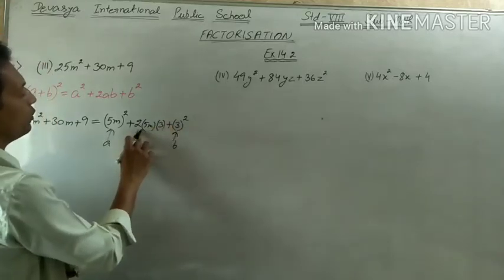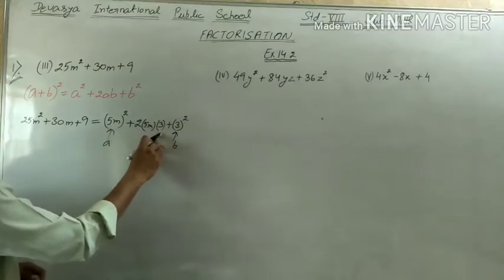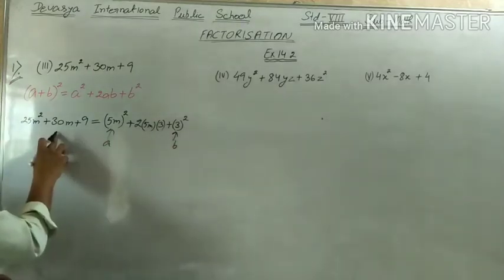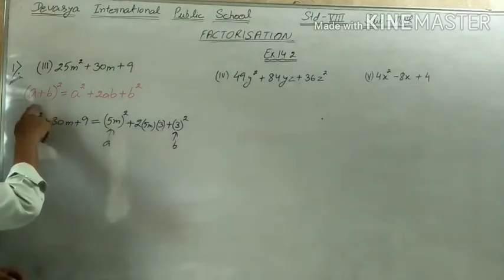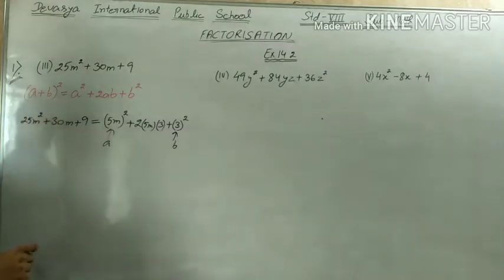Clearly when you multiply 2 into 5 into 3, you get how much? 30m. Okay, now the expression which corresponds to the left hand side of the identity is the desired factorization.